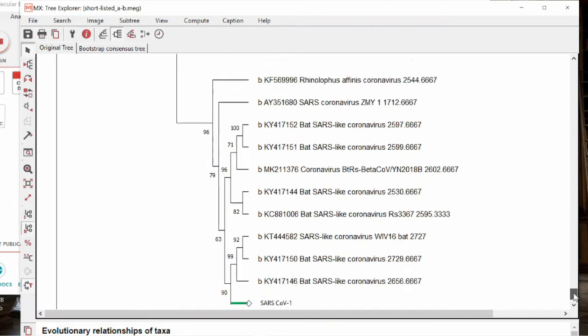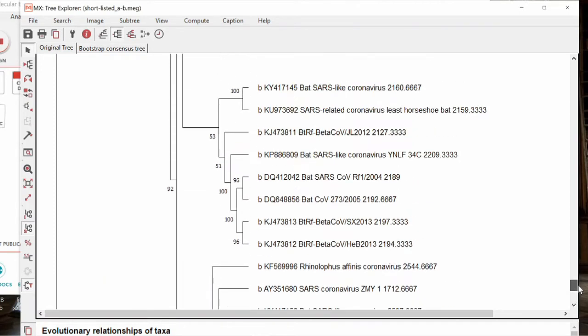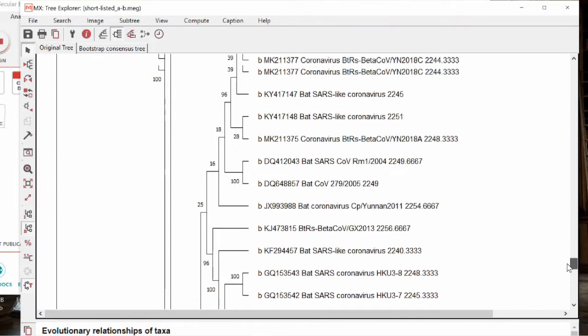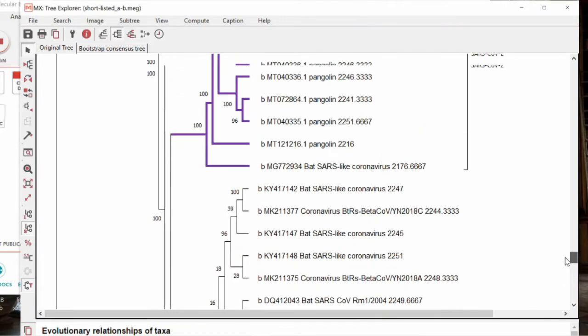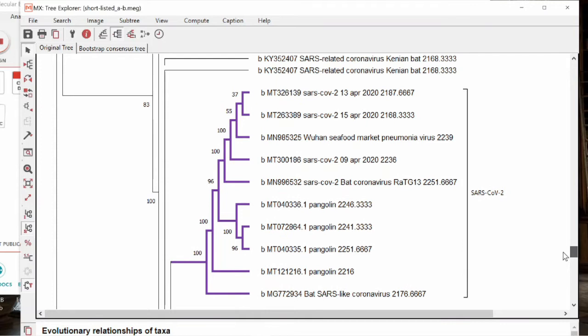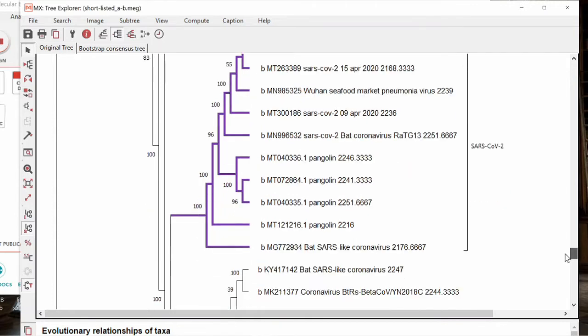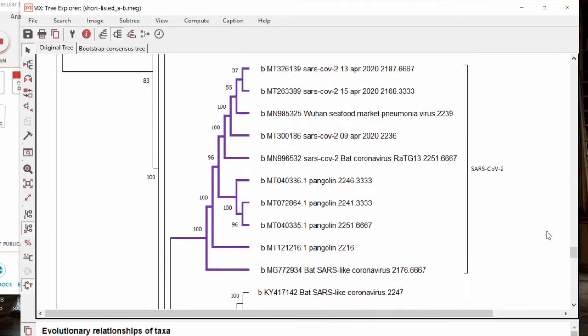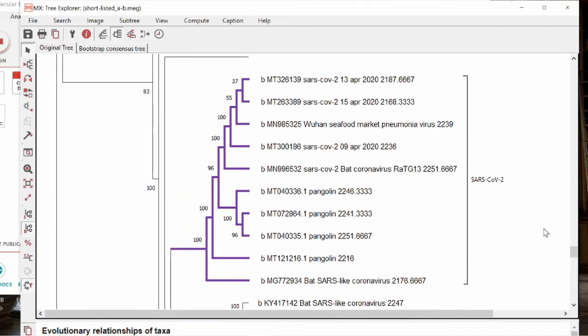Now we have to scroll up and find, these are bats now, various animals and so on. So we're looking for the SARS-CoV-2. And here this is in purple, SARS-CoV-2 group, like this. So what do we have here in this group?